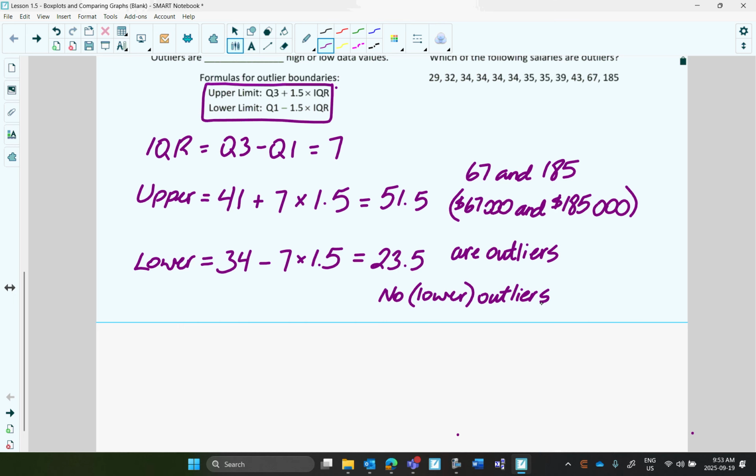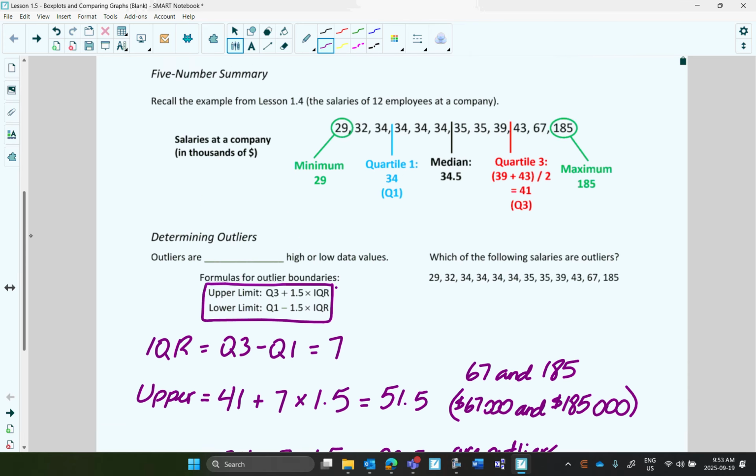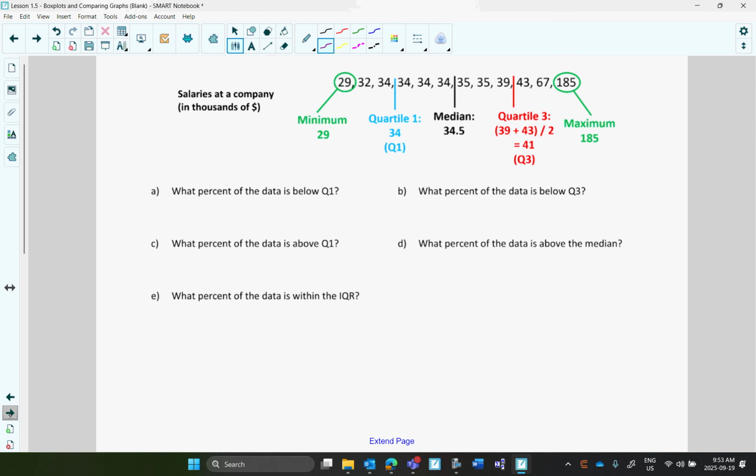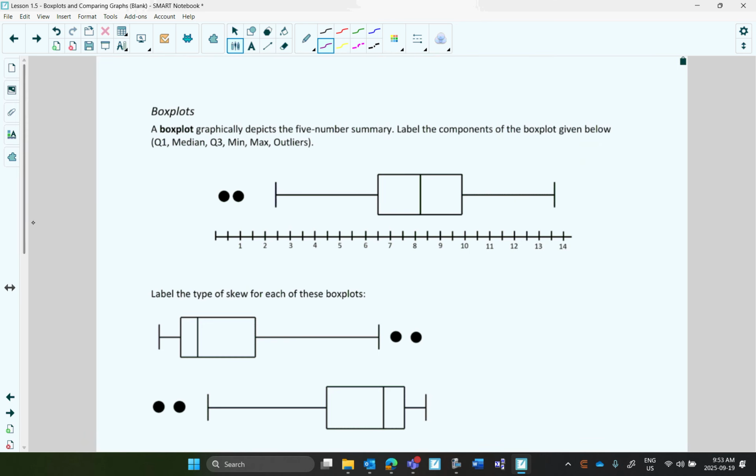Let's see if I can find an example. Another thing that we can do with the median, IQR, and max and minimum, otherwise referred to as the five-number summary, is create a certain type of graph called a box plot. Now, this isn't based on the previous example.